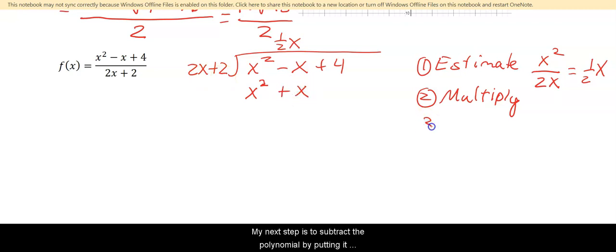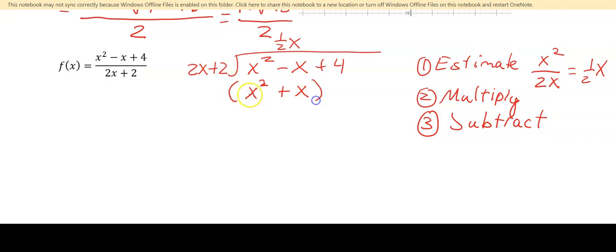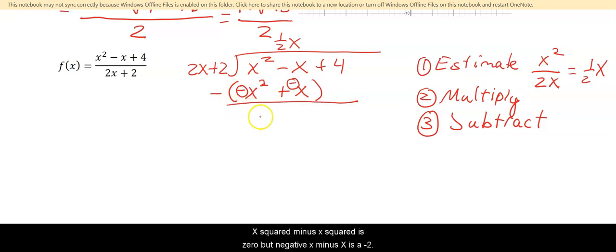My next step is to subtract the polynomial by putting the product in parentheses and changing the signs. When I change the signs, they both become subtraction. X squared minus x squared is 0, but negative x minus x is a negative 2x.